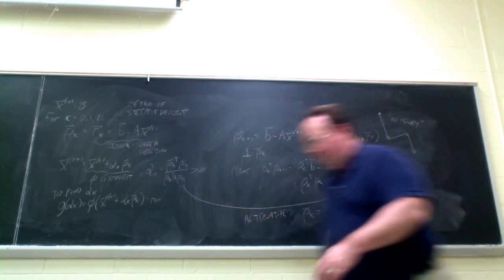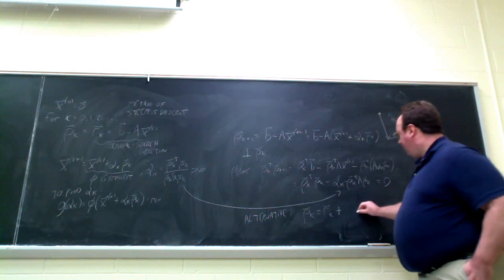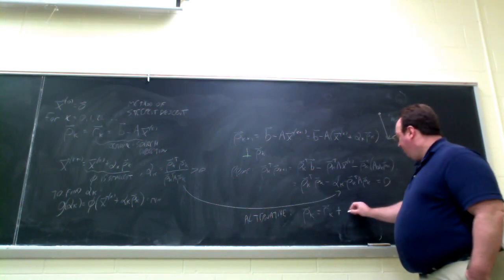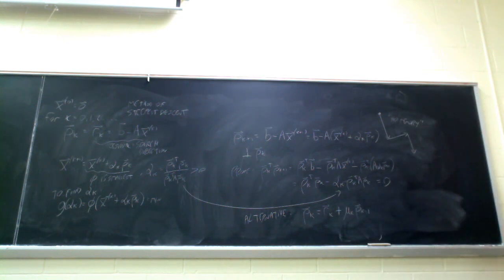I want to keep my notation consistent. We will make use of the previous search direction, whatever that was, times some scaling parameter, which I'll call mu k.